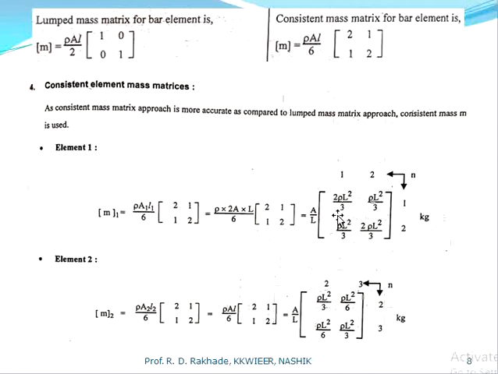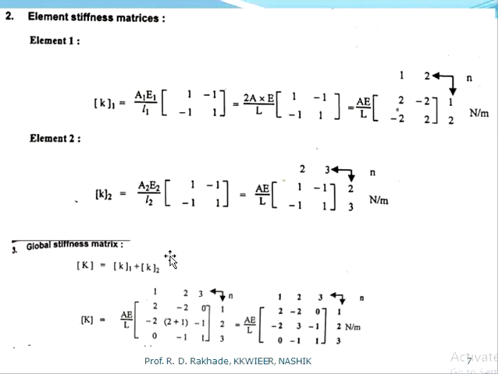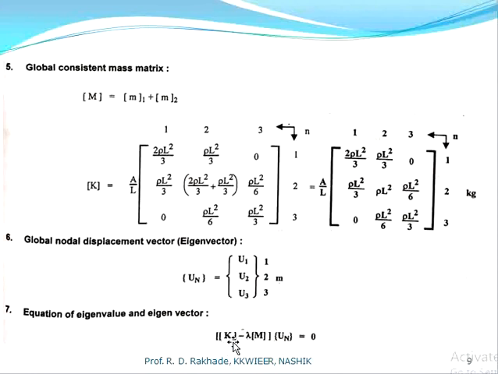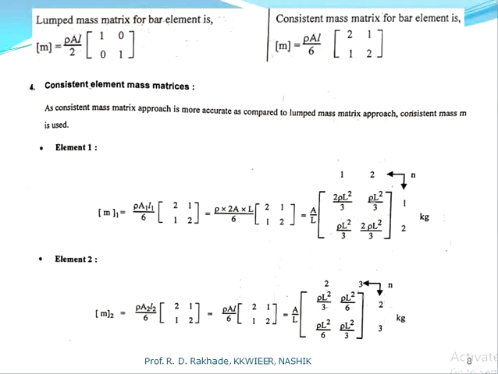We take common A upon L. Which term should be taken out of the matrix depends upon the stiffness matrix, because in the end we want to add K and M. So the common factor should be the same for K as well as M. For K we take common AE upon L, so from the M matrix we also need a common factor.